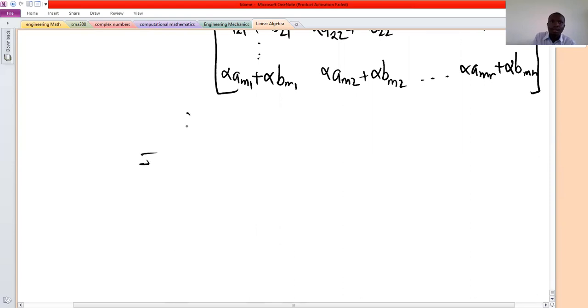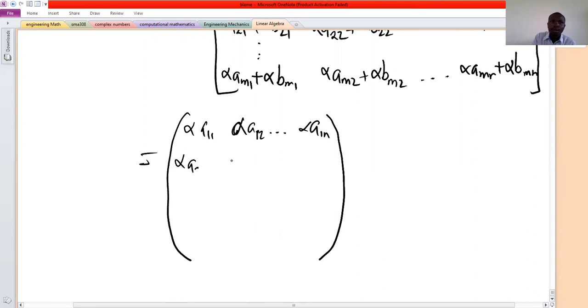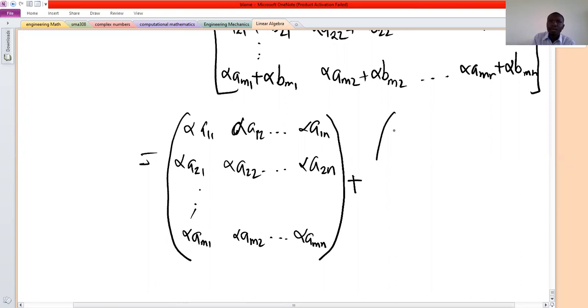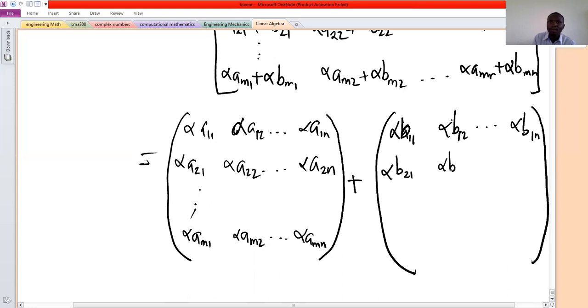So this is the same thing as saying alpha a11, alpha a12, up to alpha a1n, alpha a21, alpha a22, up to alpha a2n, all the way up to alpha am1, alpha am2, alpha amn, added to alpha b11, alpha b12, alpha b1n, alpha b21, alpha b22, up to alpha b2n, all the way up to alpha bm1, alpha bm2, up to alpha bmn.